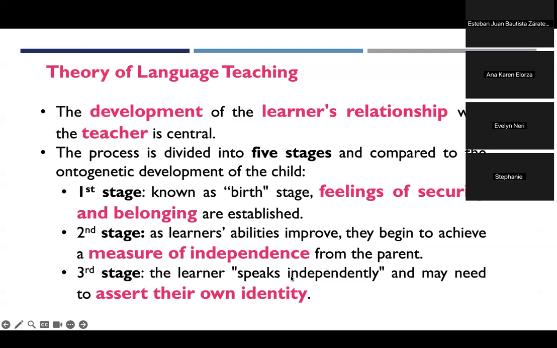It's quite similar to the young adult stage. Speaking independently is like the learner is confident to produce their own sentences, like write down their own ideas, and the purpose of this stage is for students to try to experiment with language.